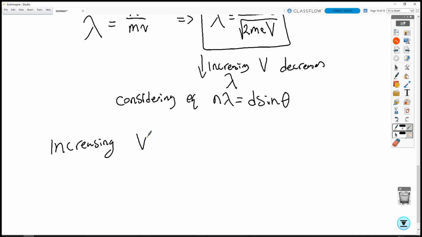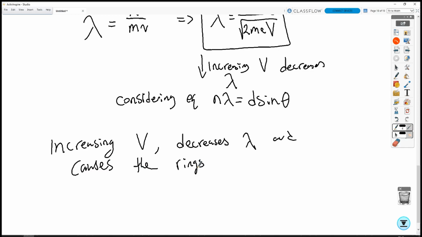So increasing V decreases lambda and causes the rings to become more tightly packed.